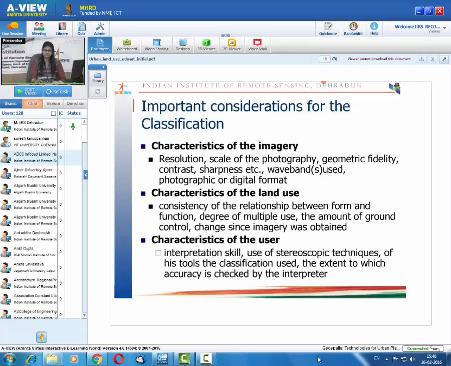Now, before choosing a satellite imagery for classification, we need to understand for what purpose we are choosing the imagery. If urban growth pattern or only the built up area is our emphasis, we can choose data of any time or any season.